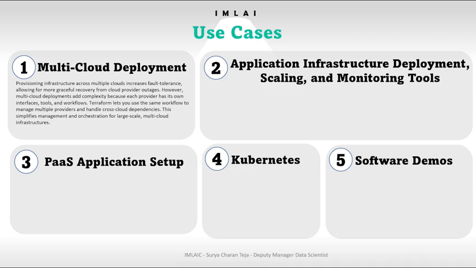Multi-cloud deployment adds complexity because each provider has its own interfaces, its own tools and its own workflows. If you see the Google Cloud Platform, their interface is different. Amazon Web Services, their interface is different, and IBM is different, and Azure is different. I have worked on by and large all of the cloud platforms that I have just mentioned. Each of their interfaces is different, tools are different, and workflows are different. However, fundamentally the services they provide are the same, but the names of the services change, with a slight complexity attached to that.